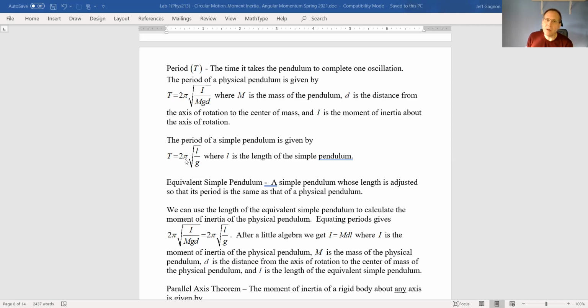And this one we already know from our first semester: the period of a simple pendulum is simply equal to 2 pi times the square root of the length of the simple pendulum divided by g, right? It only depends on the length of the simple pendulum.